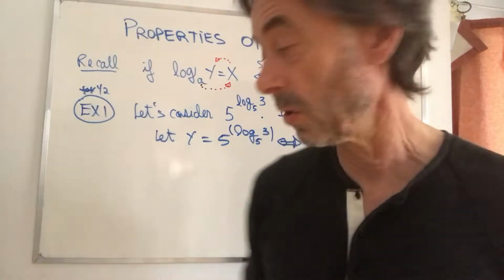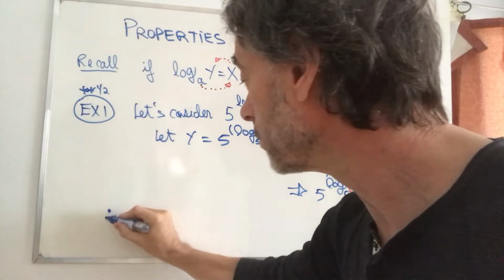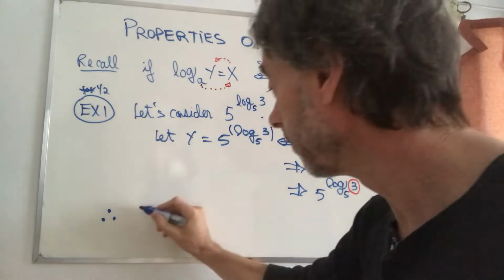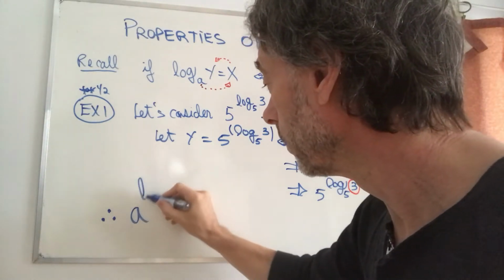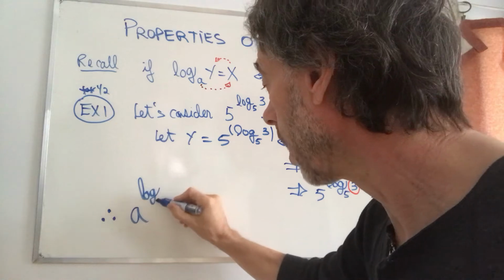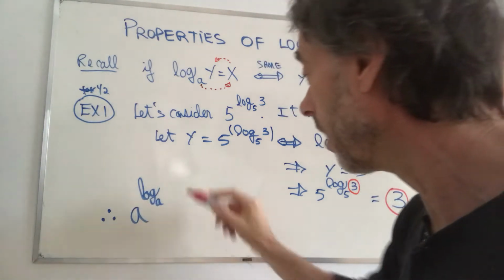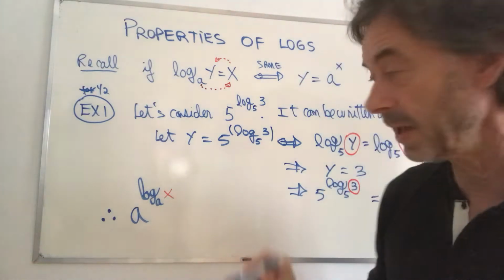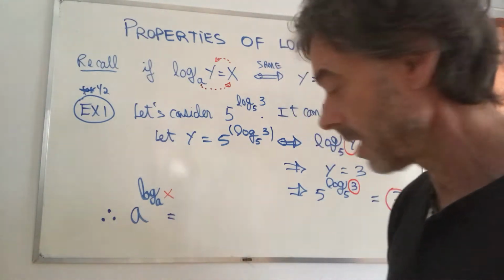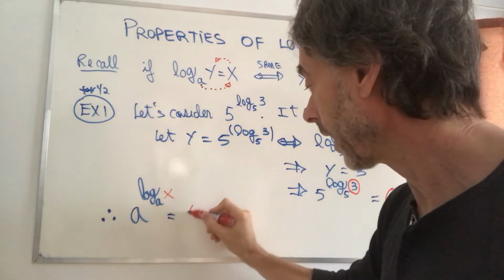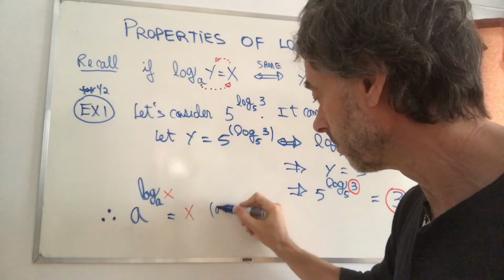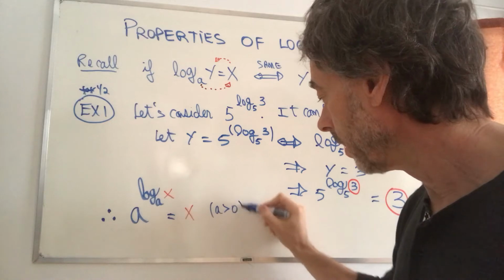So let's make this a rule. Conclusion. If you have a to the power of log a of x, then you will actually be able to write this as x, provided of course that a is positive.